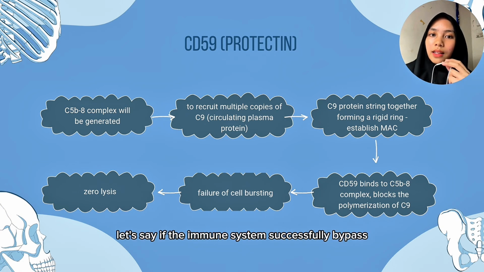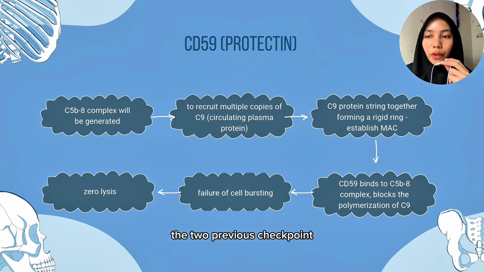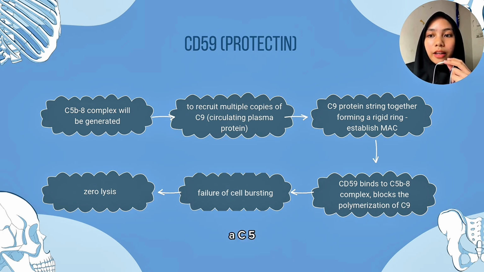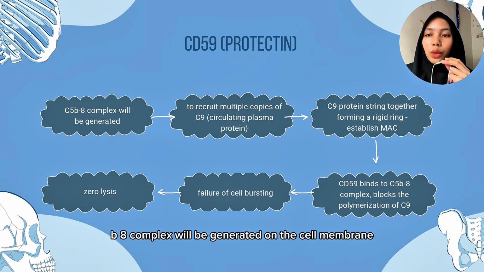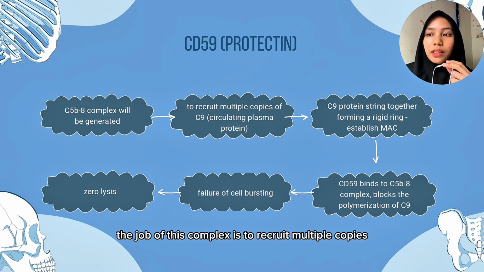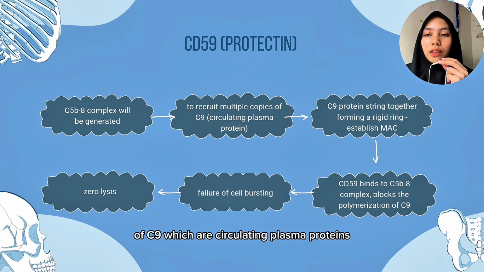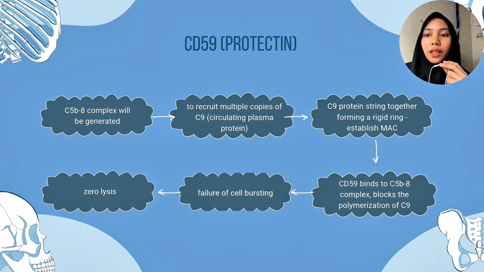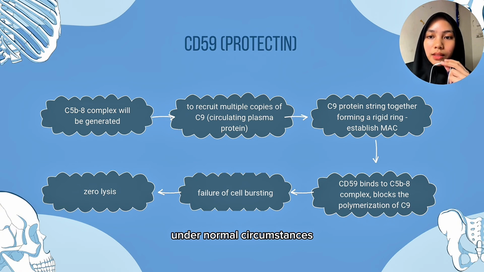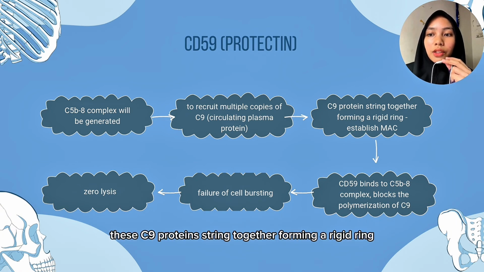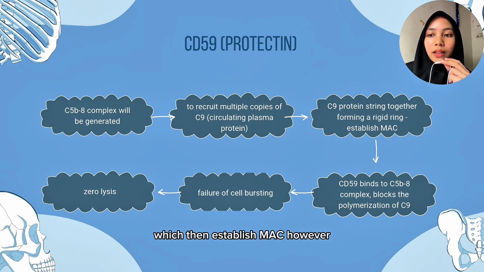Finally, we have CD59, also known as protectin. Now, let's say the immune system successfully bypassed the two previous checkpoints, a C5b-8 complex will be generated on the cell membrane. The job of this complex is to recruit multiple copies of C9, which are circulating plasma proteins. Under normal circumstances, these C9 proteins string together, forming a rigid ring, which then establishes the MAC.